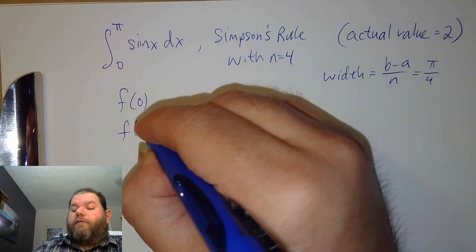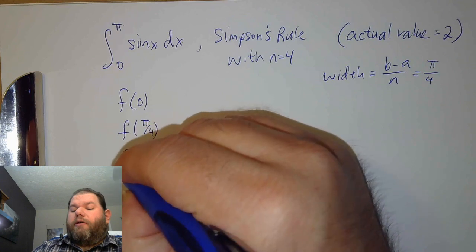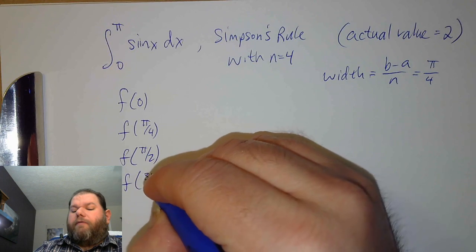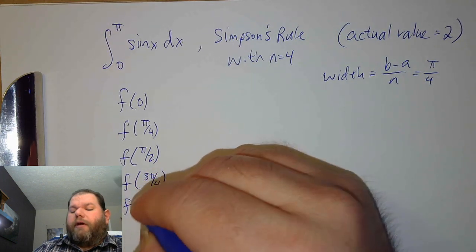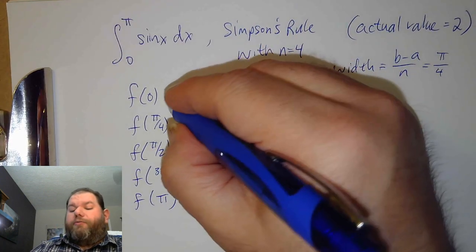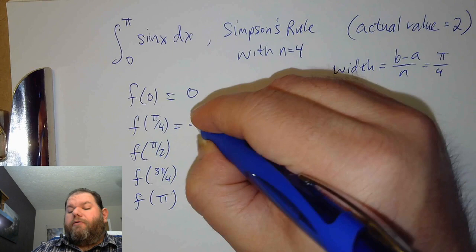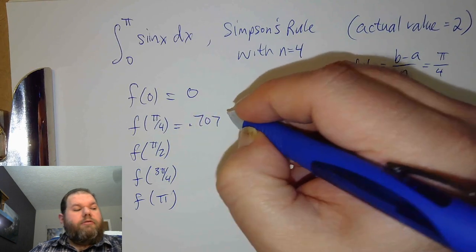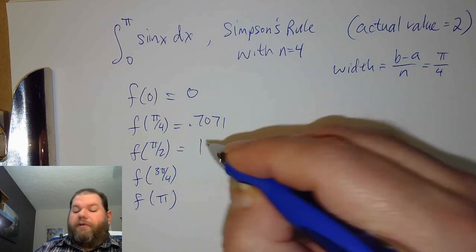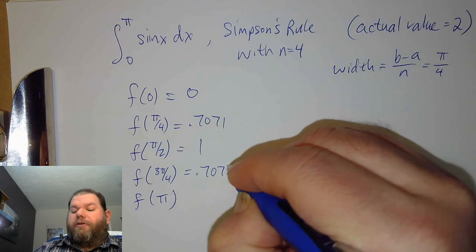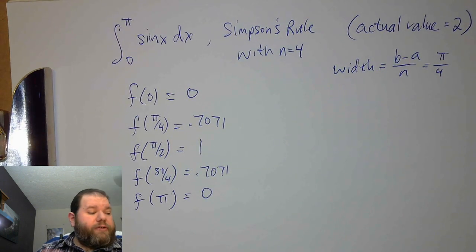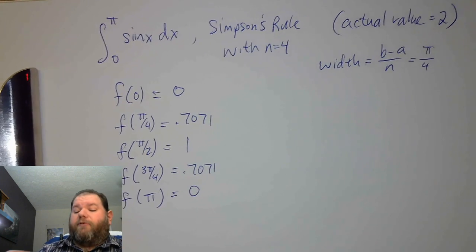So we'll have f of pi over 4, f of pi over 2, f of 3 pi over 4, and f of pi. And we actually calculated all this before. I'm looking at the other sheet now, so let me fill in these values real quick. I just couldn't remember that last number again. So we have these 5 values: zeros on the endpoints, and then we have some values in between.